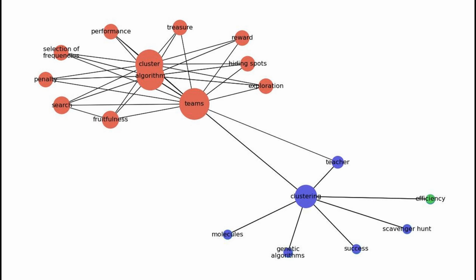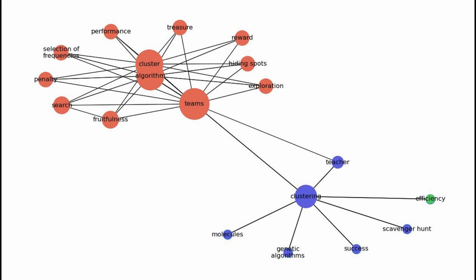However, there are challenges when it comes to selecting frequencies between these clusters. If one cluster consistently performs well, it might dominate the selection process, which would mean the algorithm might miss out on valuable discoveries from other clusters. This is like letting one team in the scavenger hunt pick all the best hiding spots, while the other teams might have also found good treasures if given a chance.